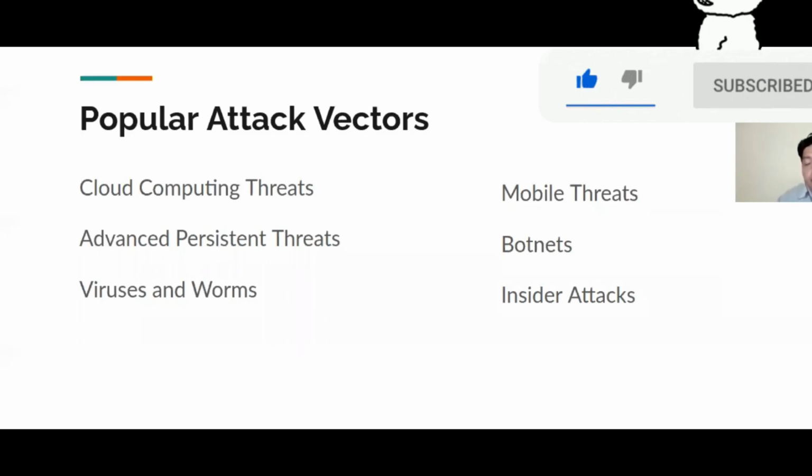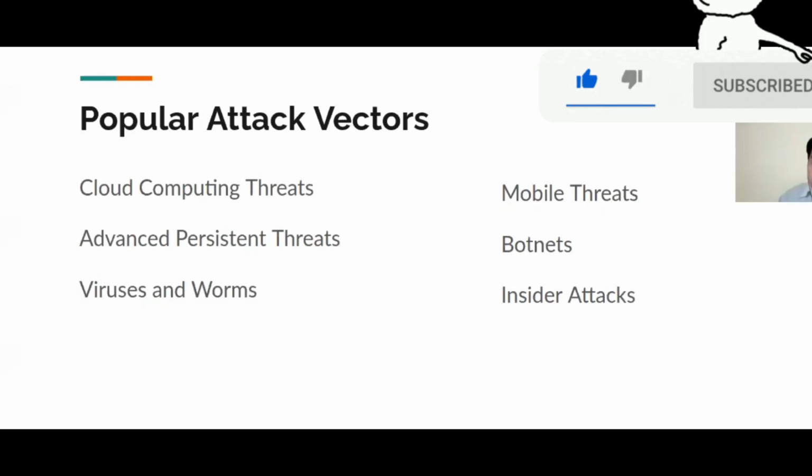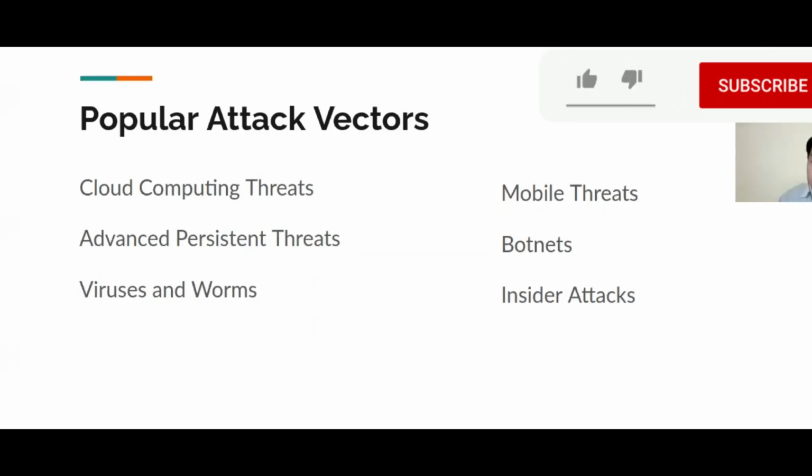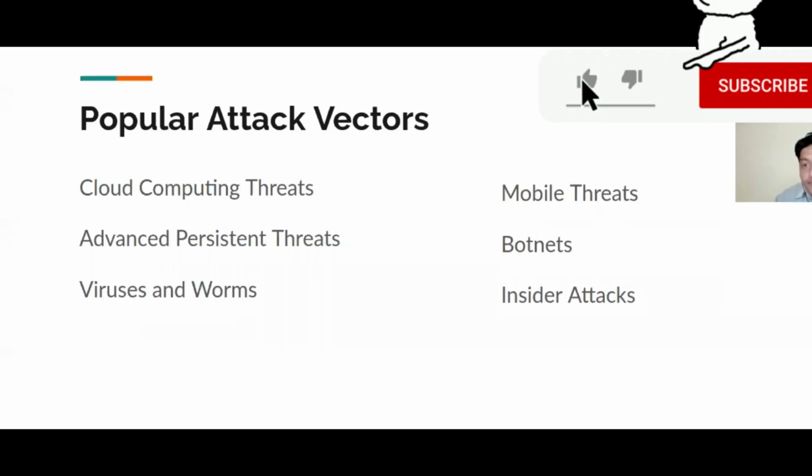Say it is possible from the cloud computing side, or it is coming from more advanced and sophisticated actors performing as APTs, advanced persistent threats, or it is generally coming from existing viruses and worms, which your antivirus can filter out in the network and identify.